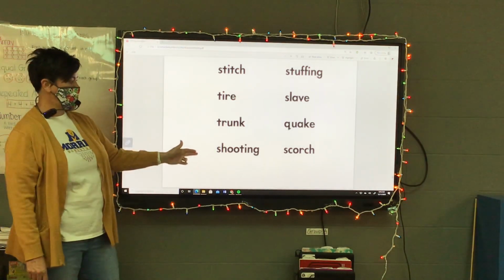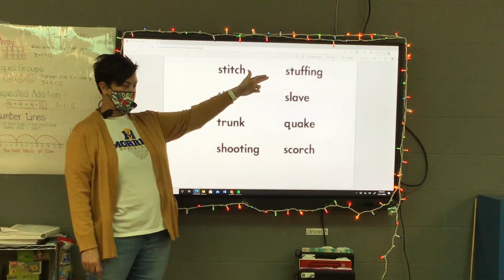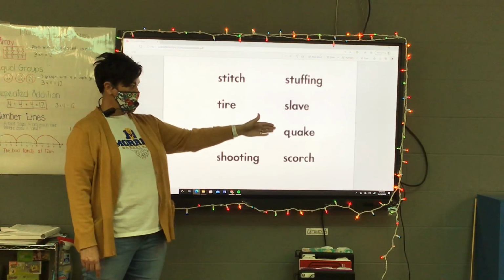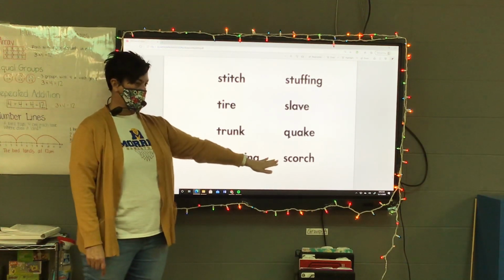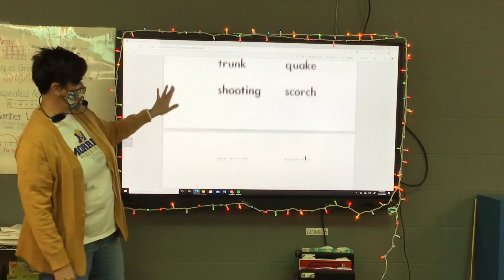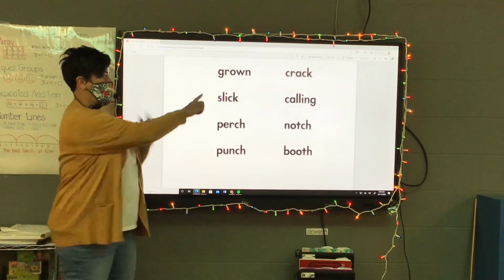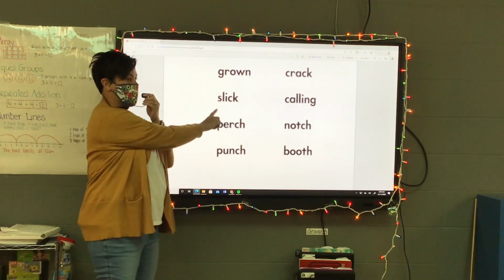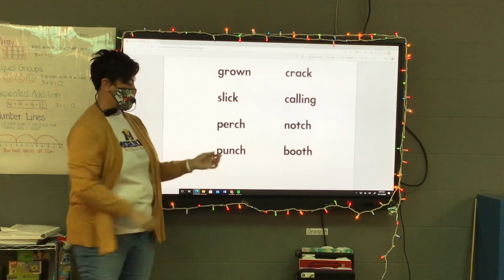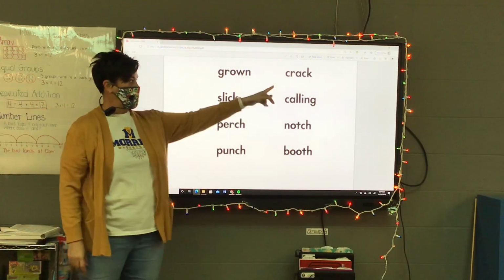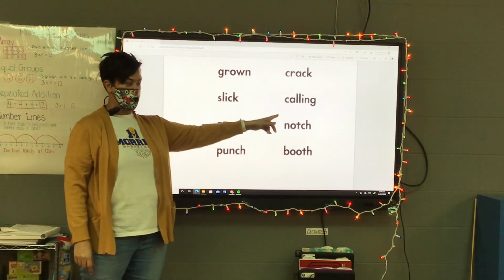Trunk. Shooting. Stuffing. Slave. Quake. Scorch. My sleeve was moving the page on me. Groan. Slick. Perch. Punch. Crack. Calling. Not.